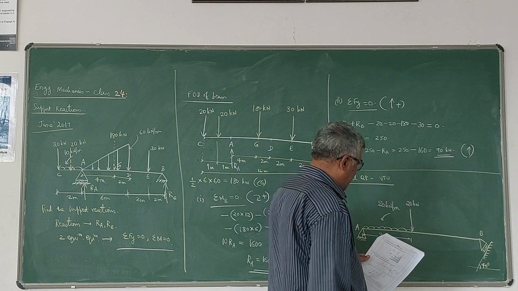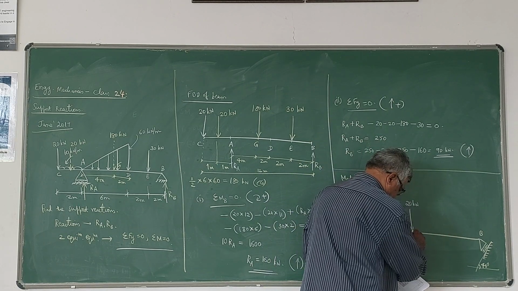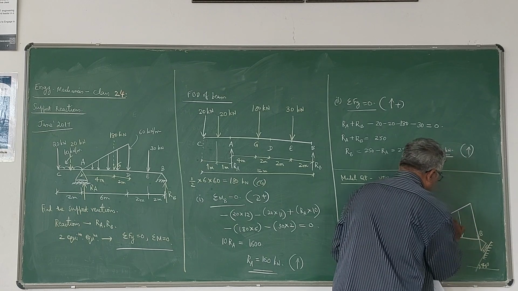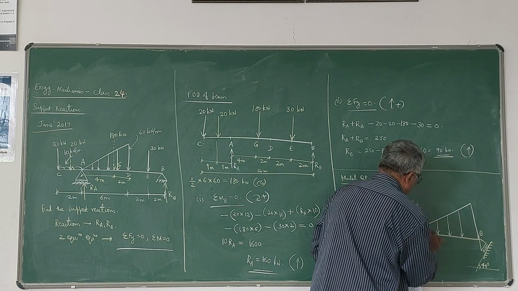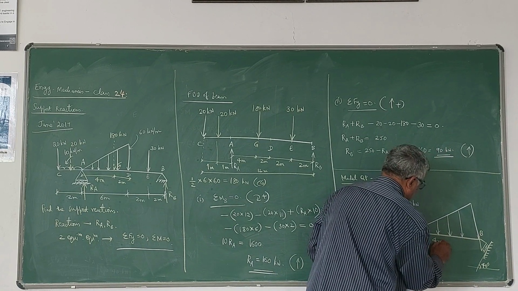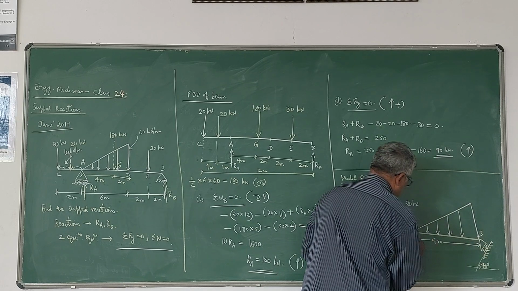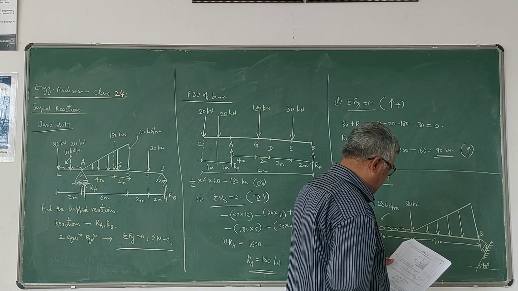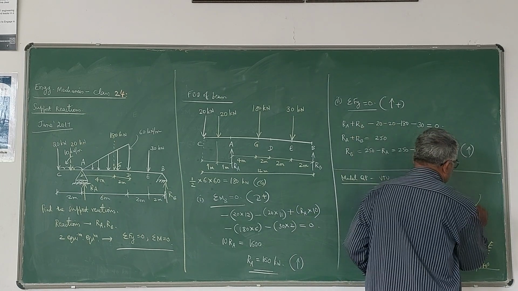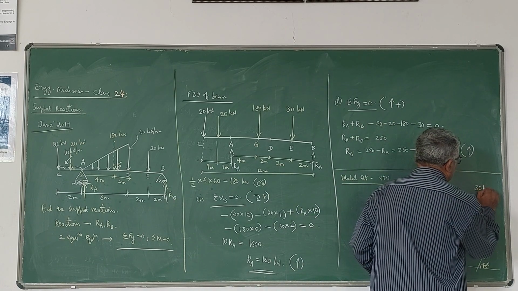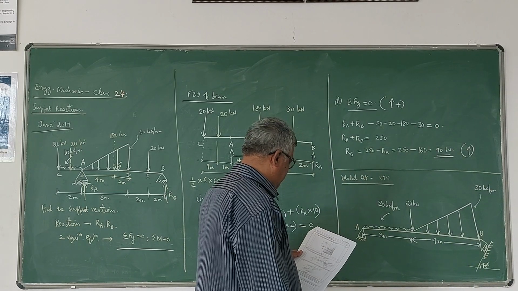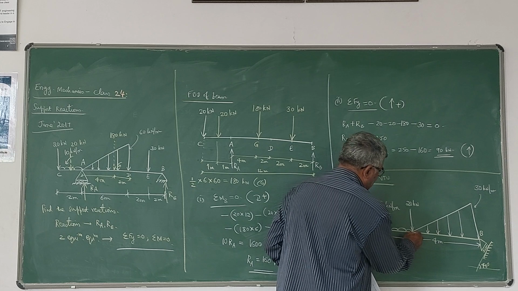Then for a length of 4 meters, it carries a triangular load like this. Intensity varies from 0 to 30, so this is 30 kN per meter. So AB is the beam. I will just take this as C.